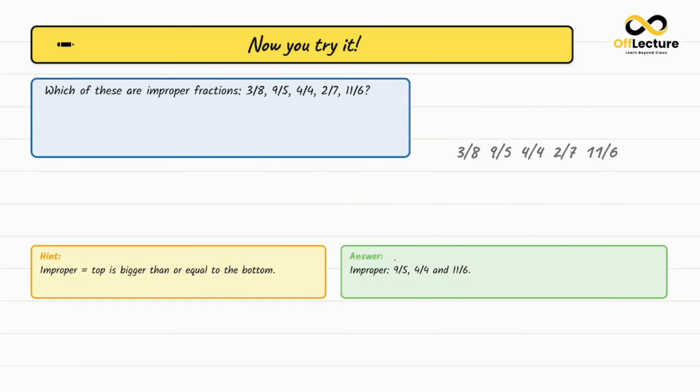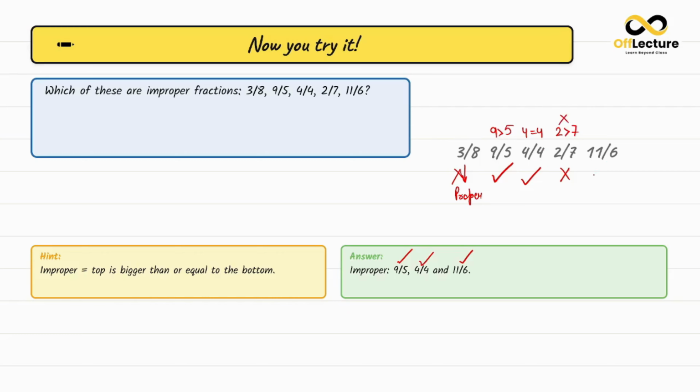So the answer is 9 over 5, 4 over 4, and 11 over 6. The reasoning is clear because 3 by 8 is a proper fraction, so it is not an improper fraction. 9 by 5 is an improper fraction because 9 is greater than 5. 4 by 4 is also an improper fraction because 4 is equal to 4. 2 by 7 is a proper fraction because 2 is not greater than 7.